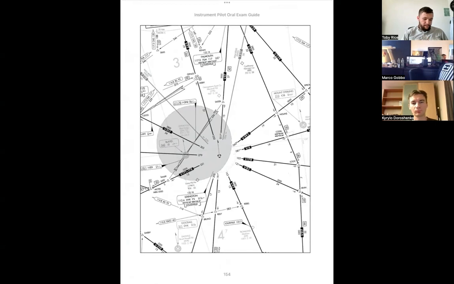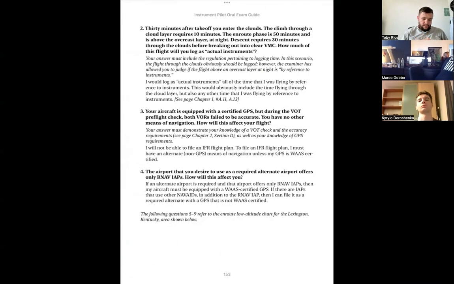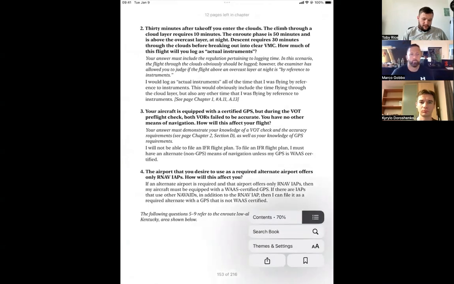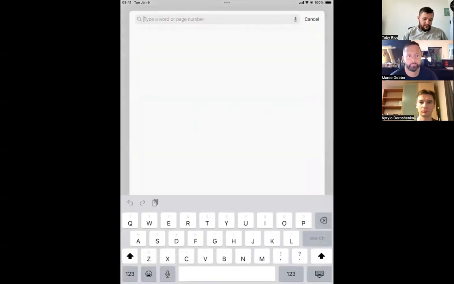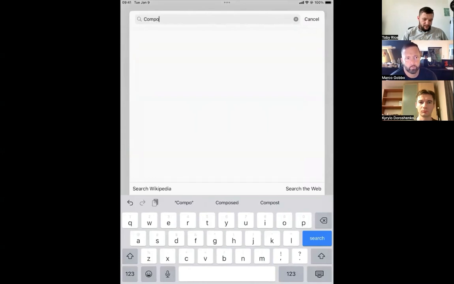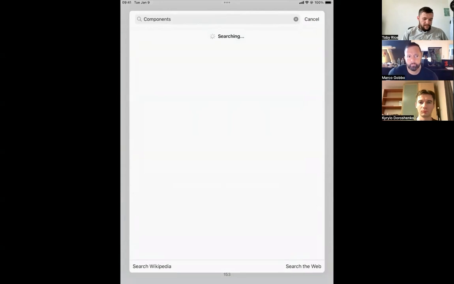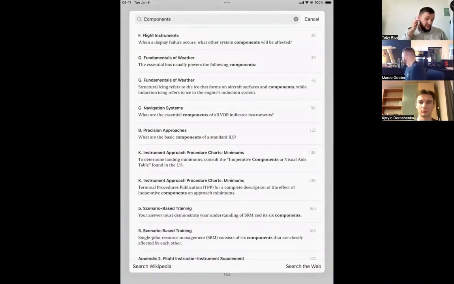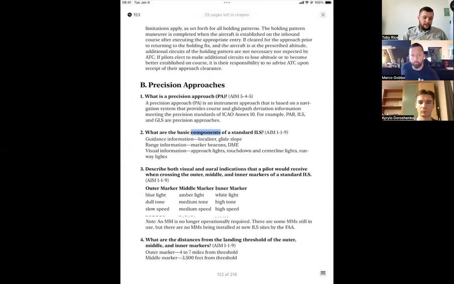Okay, I'm going to go to the contents, search book. Let's say components. And let's see if we can find the components of an ILS. Okay, here we go. What are the basic components of a standard ILS? That is the question. The answer is in the AIM 1-1-9.